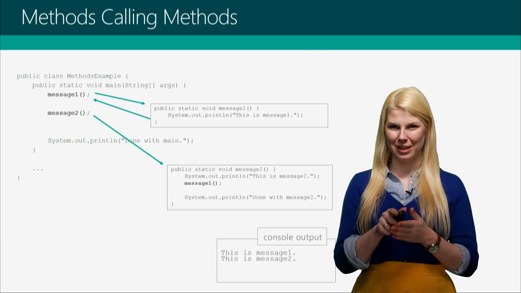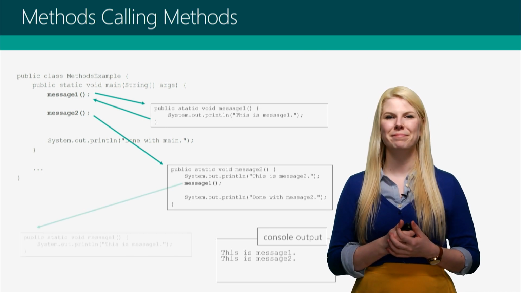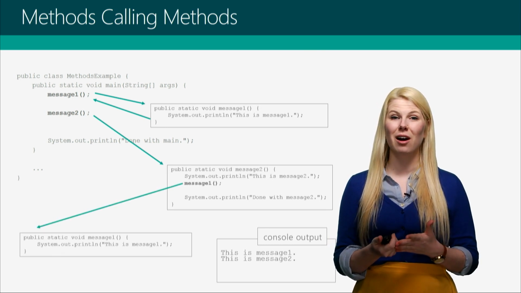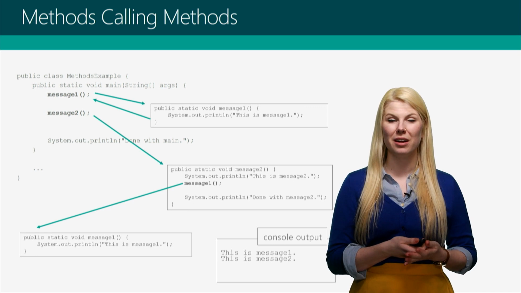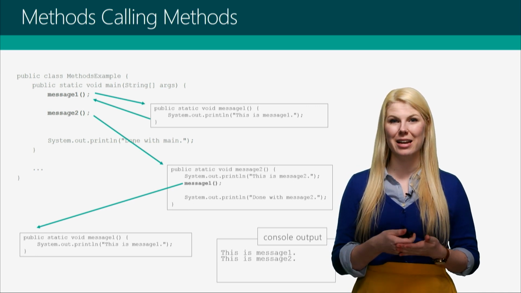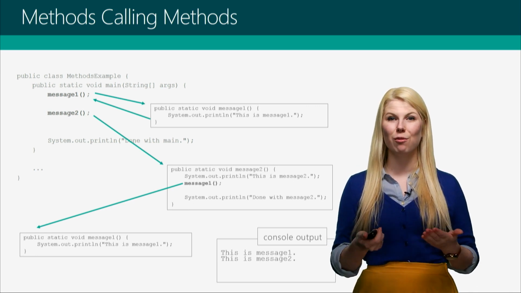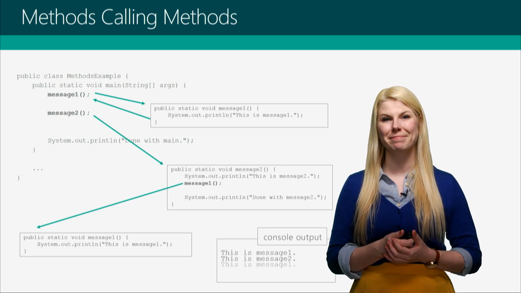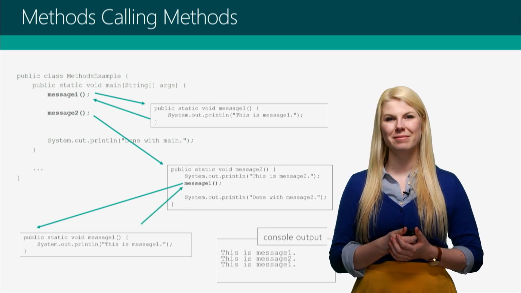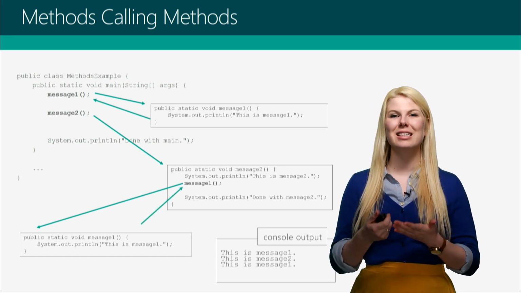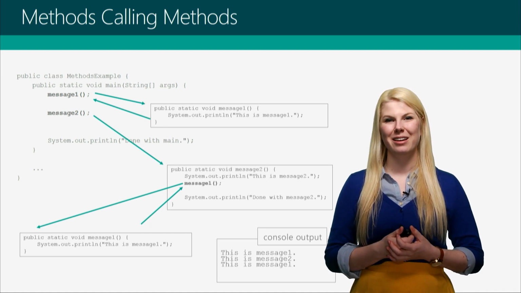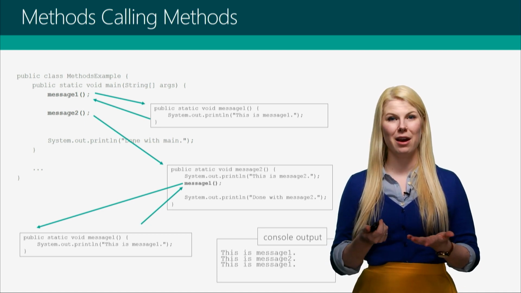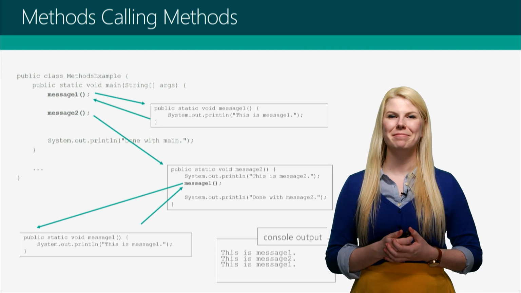It's going to produce that line of output that's inside that second method. But then it sees another method call, and it's going to jump one level deeper, and it's going to run everything inside here before returning to where it last jumped, which is back to that second method. Then it's going to pick back up there and finish that line in the second method.